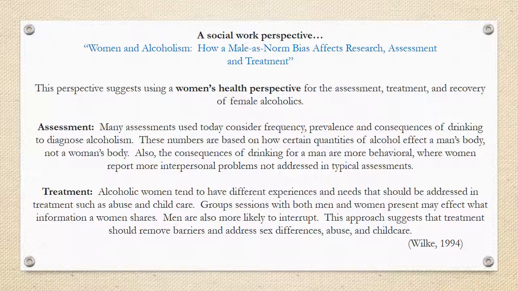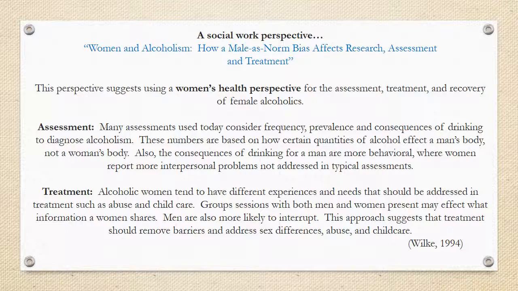Typically in the assessment phase, today people use frequency, prevalence, and consequences of drinking to diagnose alcoholism. And this is usually based on males. So these numbers are based on how certain quantities of alcohol affect a man's body, not a woman's body.